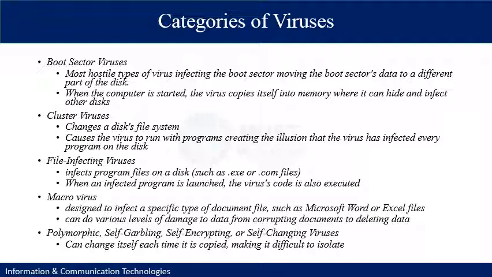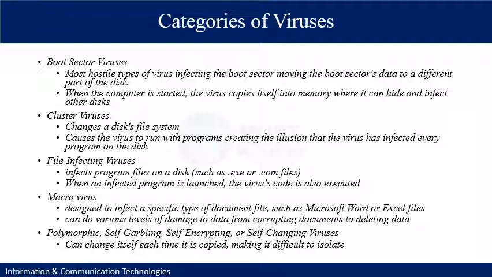These cause the viruses to run with programs, creating the illusion that the virus has infected every program on the disk. Some viruses infect program files on the disk, such as .exe or .com files. When an infected program is launched, the virus code is also executed.